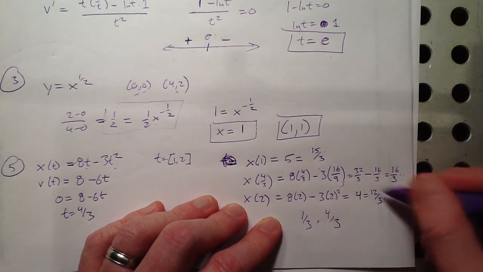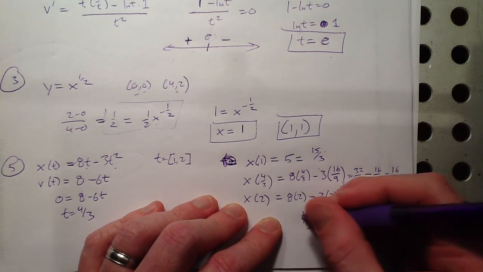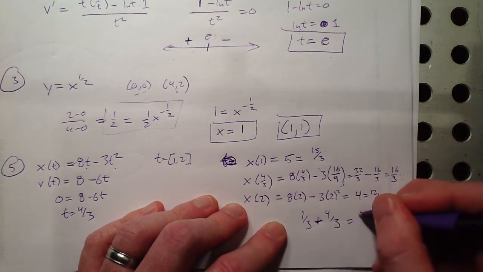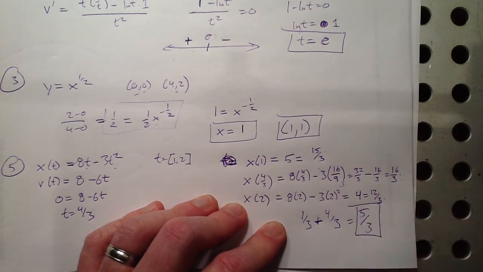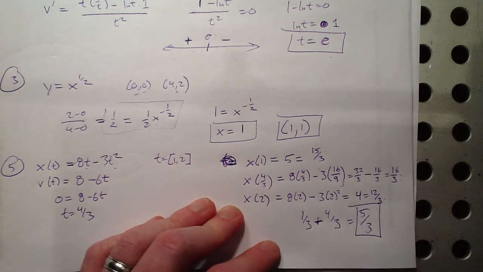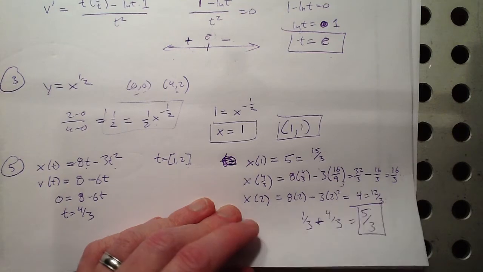Total distance, we don't care if it's going forward or backwards. We want the total distance. So adding those together, I get a total distance traveled of 5/3. Just like you should have been doing in the homework from 5.8. And that's answer choice C.